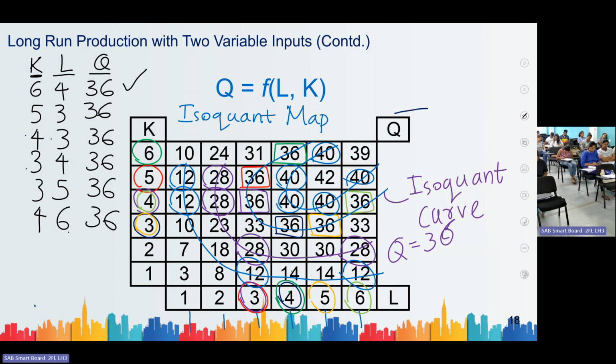We have 1, 2, 3, 4 isoquant curves in this map. So what is the general observation you have? This is 0. Both capital and labor are 0.